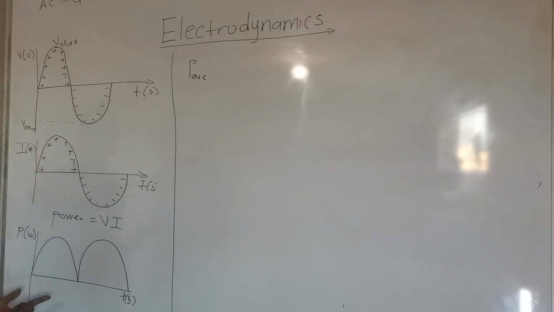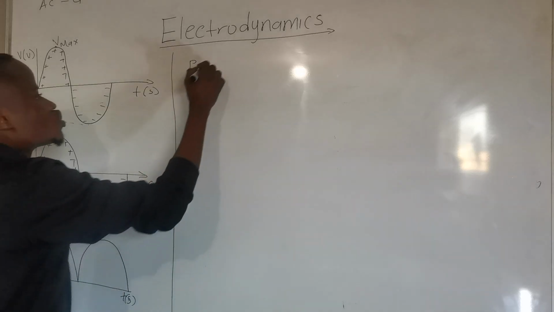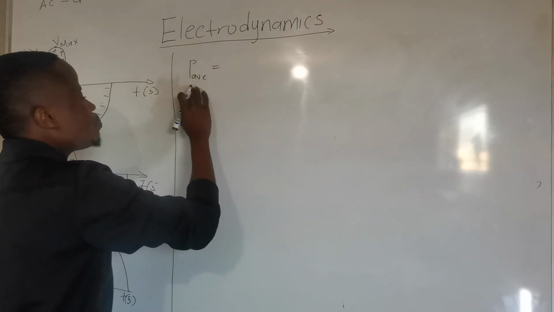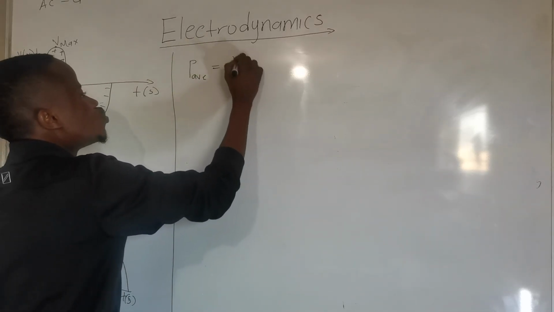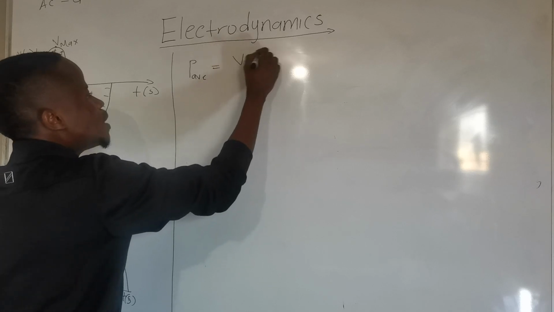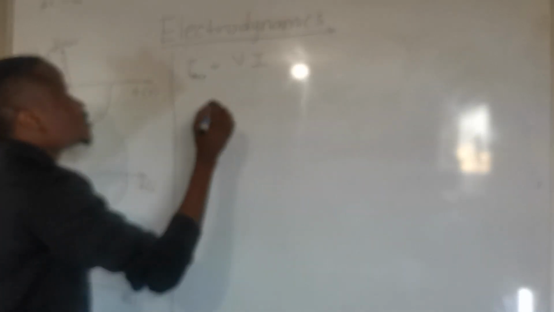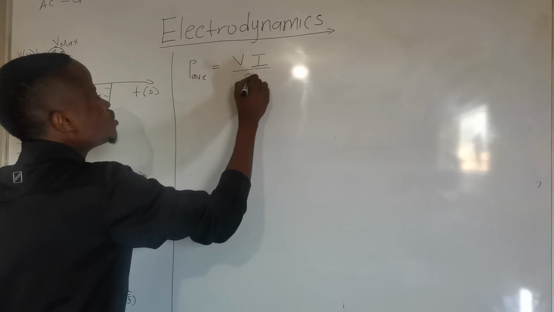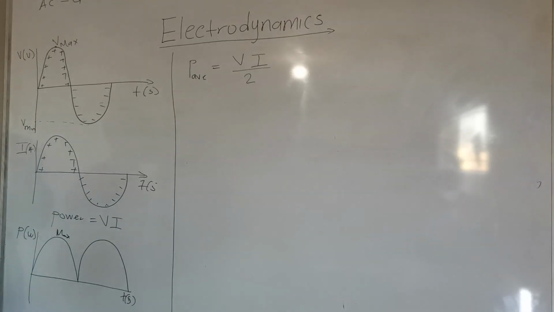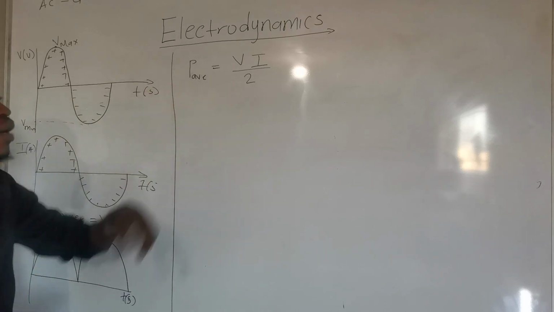But the average power is not going to be 0, because it is maximum plus 0, divided by 2, and we will have our average. So the average power is equal to the voltage multiplied by the current, divided by 2. Are we together? That is the average power.